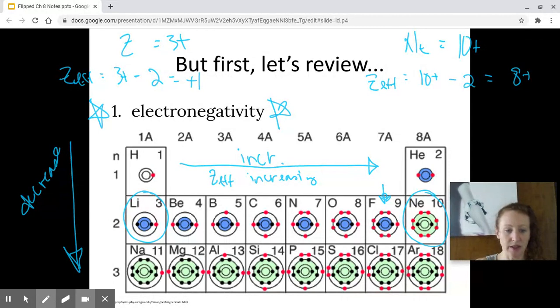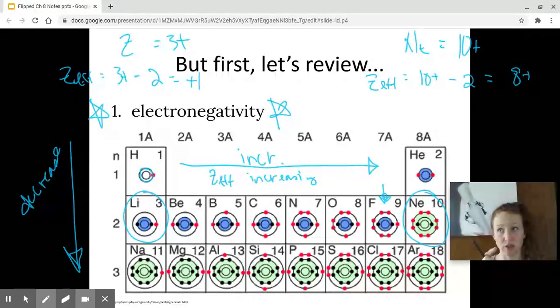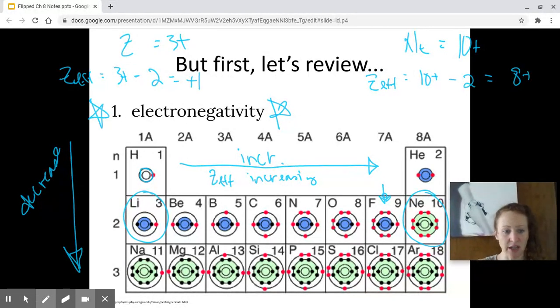So hydrogen has 1 energy level. Lithium has 2 energy levels. Sodium has 3 energy levels. So as we add energy levels, the atom gets bigger and bigger, and those valence electrons move farther and farther away from the nucleus.